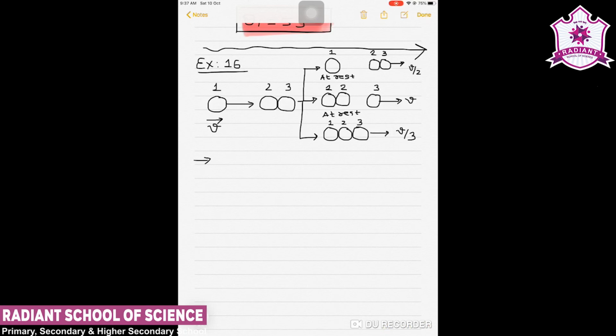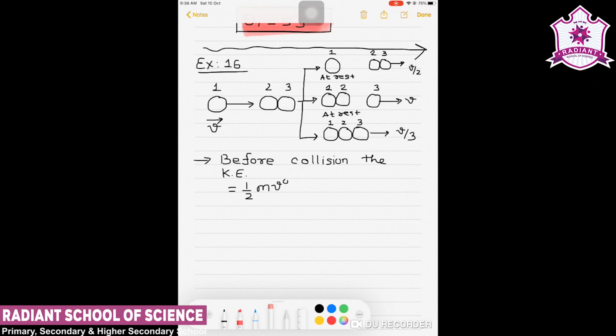So before collision, the kinetic energy of the system is equal to 1/2 mv square, since balls 2 and 3 are stationary and only one object is in motion.